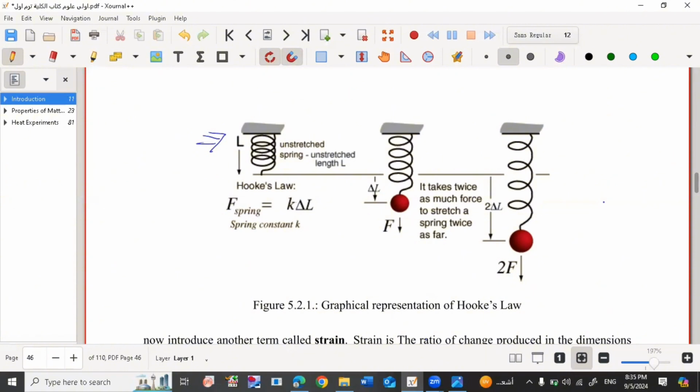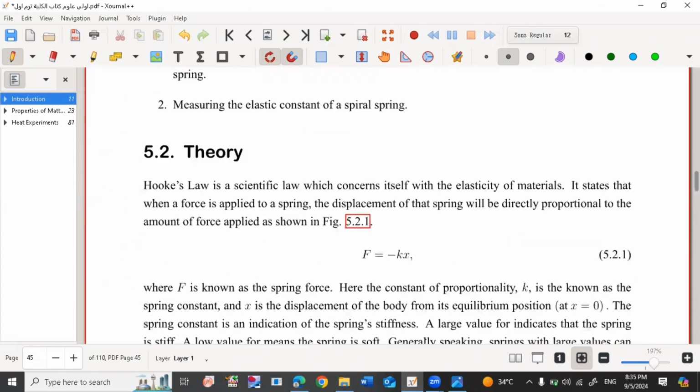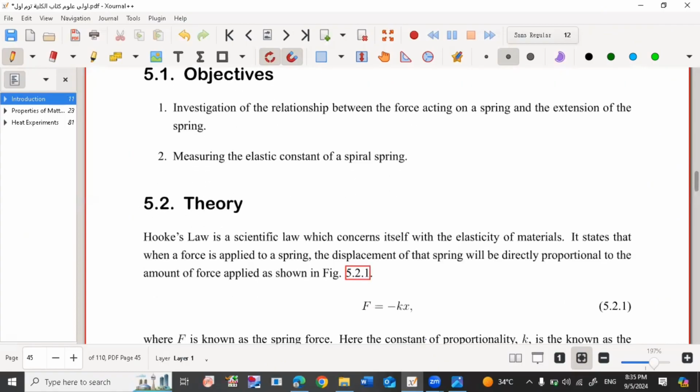So if this force is going in this direction, maybe there is a weight suspended here, this means this spring will be elongated in this direction, and if we increase the force, there is more elongation, like this image here. So from this experiment, we are going to determine the elasticity constant of this spiral. And the elasticity constant is characteristic of each material.